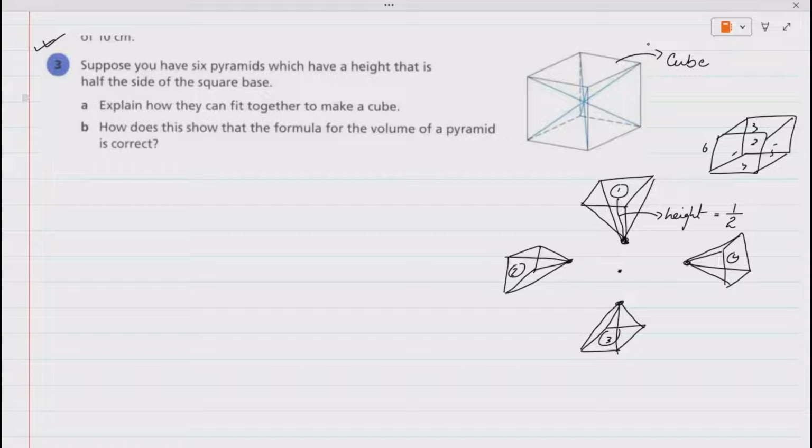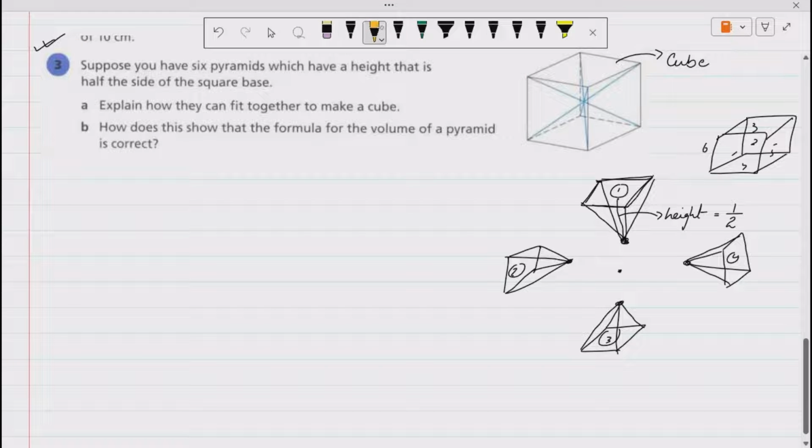The side of the square base. So this is the base. Let me change the color. This is our base, so whatever the length of each side, let's say the length of this base side is A. So it means the height is A upon 2.